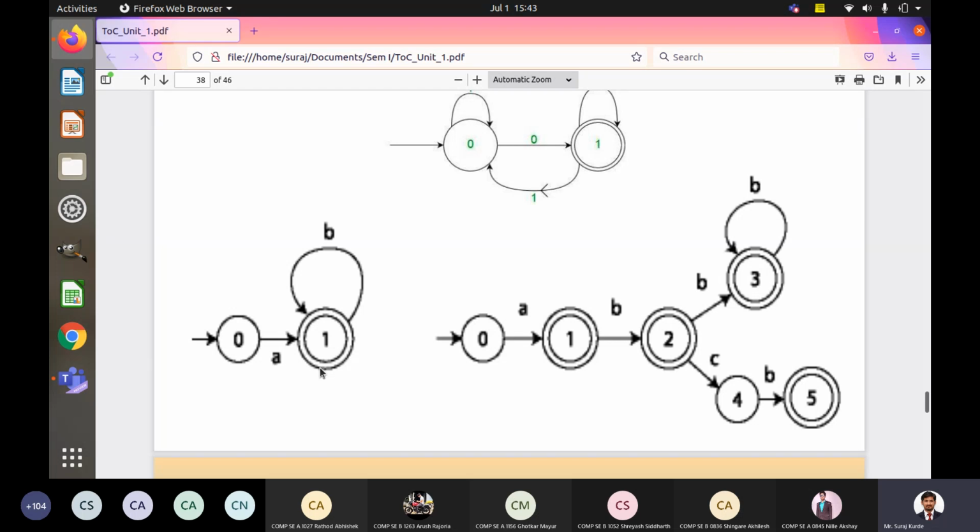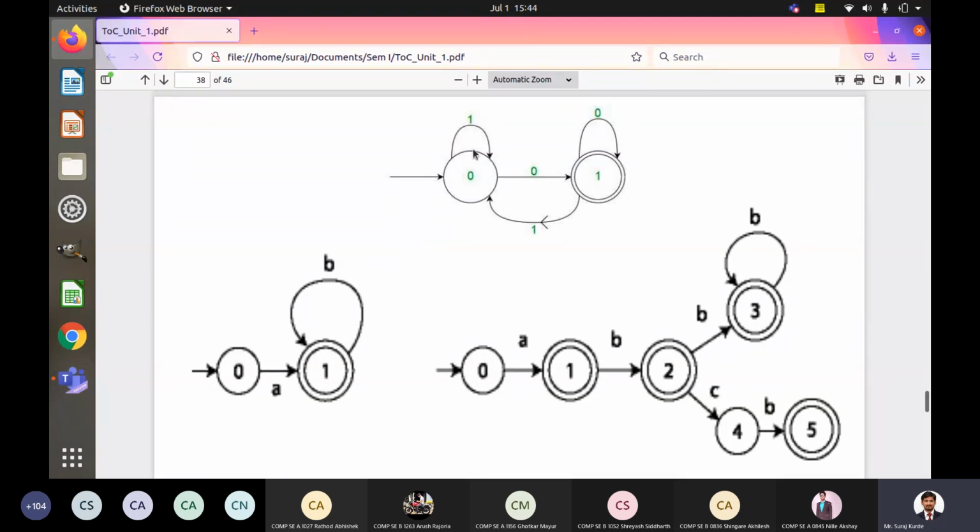So the strings which belong to the language are A followed by B repeated any number of times. So we can say B is repeated 0 or more times after A. So the string is AB star.